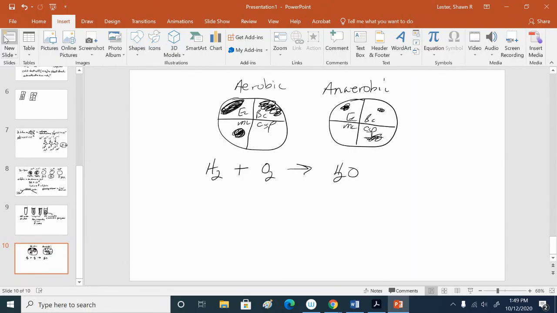And then if we try to balance this, how do we balance it? A 2 in front of the H2, and then a 2 in front of the H2O. Yeah, so that works, right?